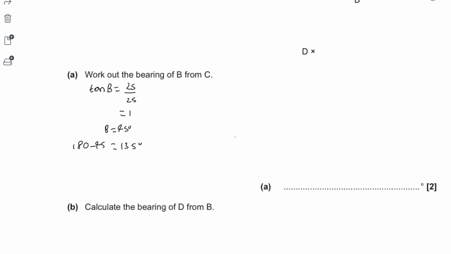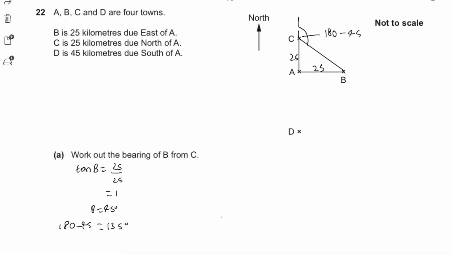Part B, calculate the bearing of D from B. So bearing of D from B, we'll draw another right angle triangle, where we've labelled AB as 25, AD as 45, and now we want to find this angle.